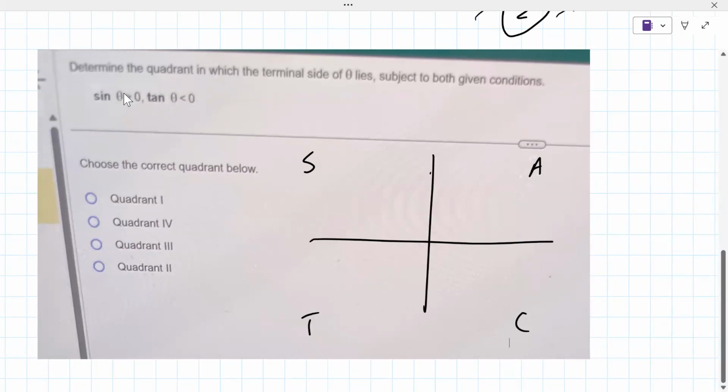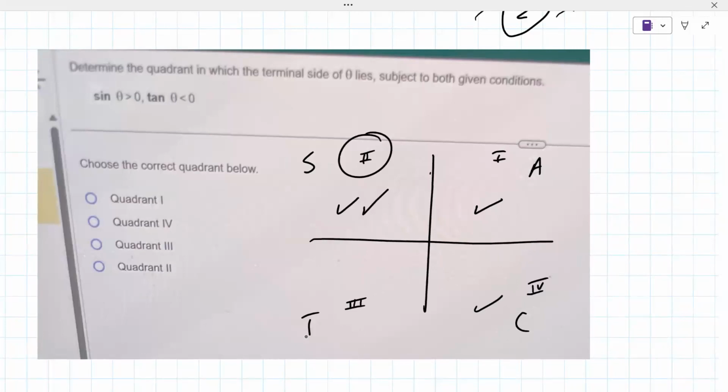So sine is greater than 0 in two quadrants, first and second, because they're all positive in the first, and sine is positive in the second. Tangent is negative. Where is it negative? It can't be where they're all positive, and it can't be where tangent's positive, so it's in the second and the fourth, and you're looking for the overlap, which is in the second quadrant.